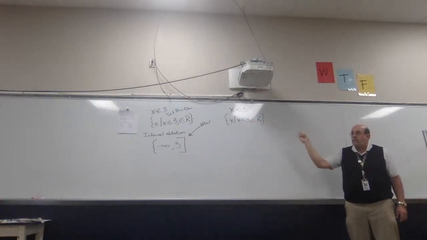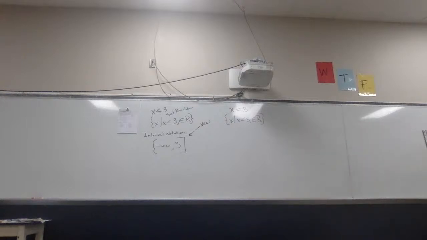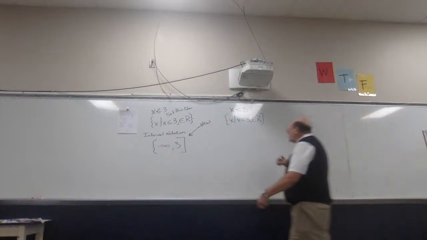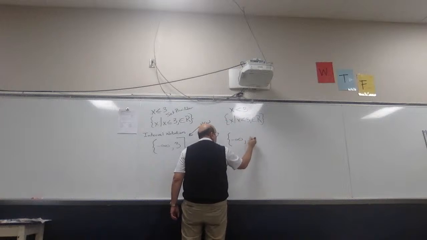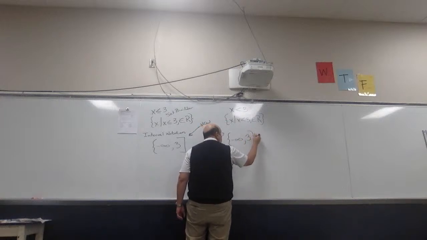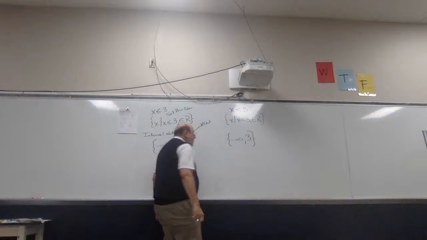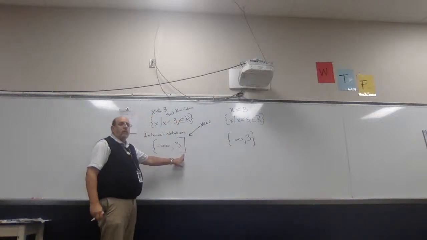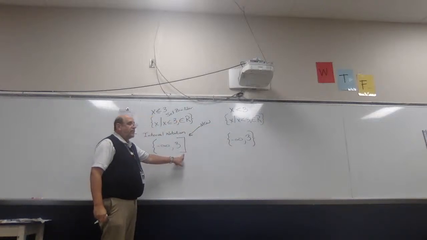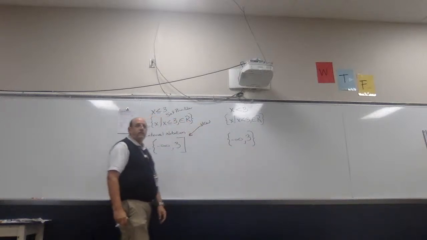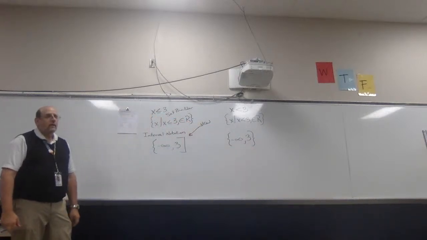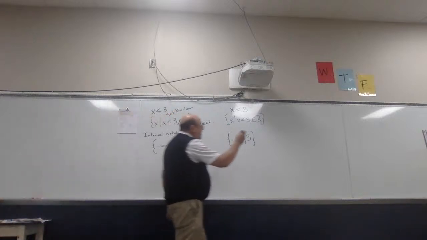Same thing, just a different inequality symbol, but we're not including 3 in this, right? So the interval notation would be really similar. Here's the only difference. Bracket has the equal sign. Brace, no equal sign. Okay?